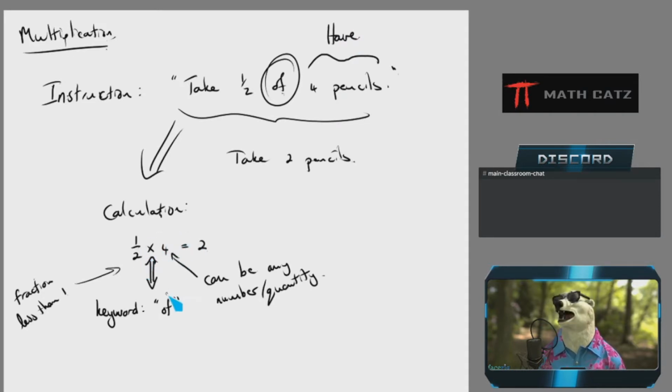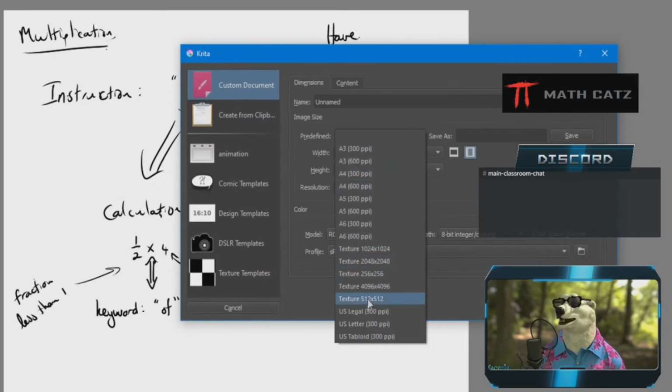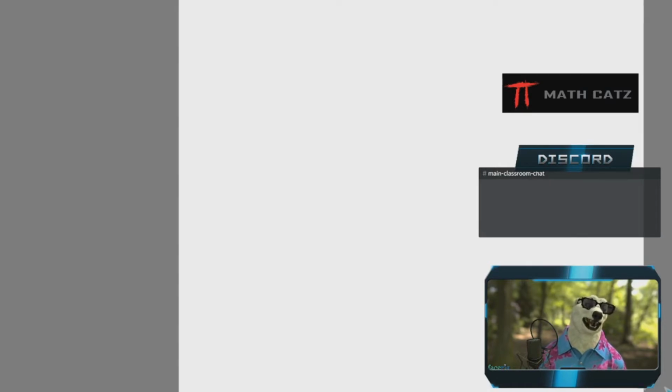Take a portion of that. So the second number in the multiplication is the quantity that I have, contrary to what we've seen before. I now have to remember that if I want to intuitively interpret a multiplication calculation, the second number represents the quantity that I have at the beginning.